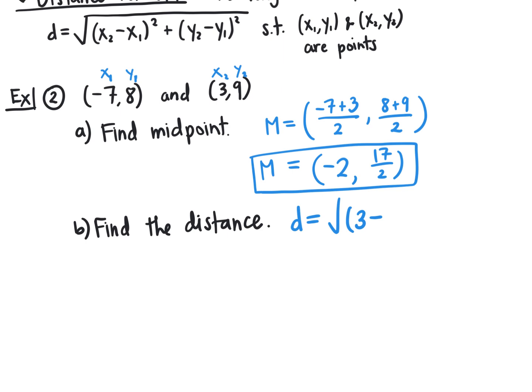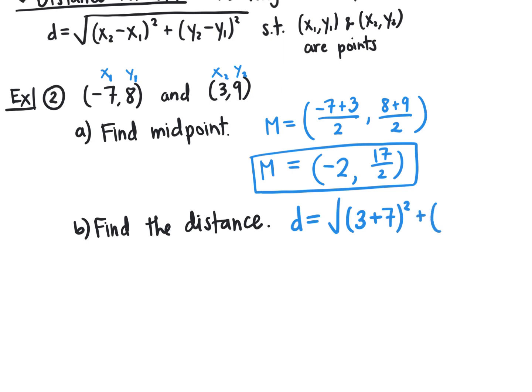What's x1 here? -7. Now I have a minus and I'm about to write -7. Instead of writing minus a negative, what can I write? Minus a negative is the same thing as writing a plus. Yeah? Minus a negative is plus 7. Close, squared, I'll leave it.